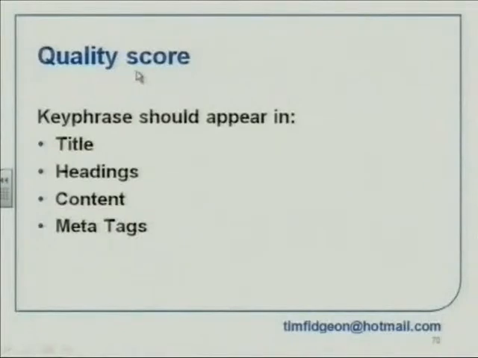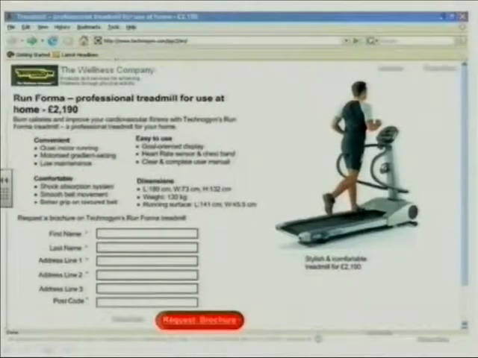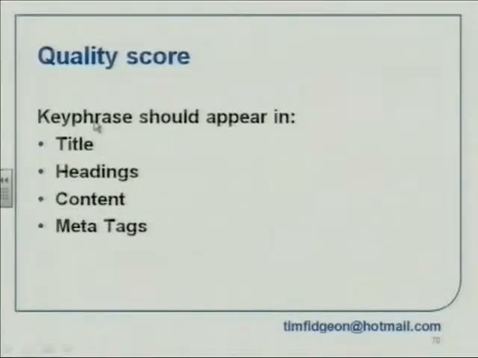So, quality score. Quality score of the landing page itself means that the words relevant to the key phrase that you've just bid on should appear on the landing page. And ideally, they need to appear in all the same places that would be relevant for search engine optimization, which is a different topic. But we can touch on it here, within the title, within the headings, within the content.